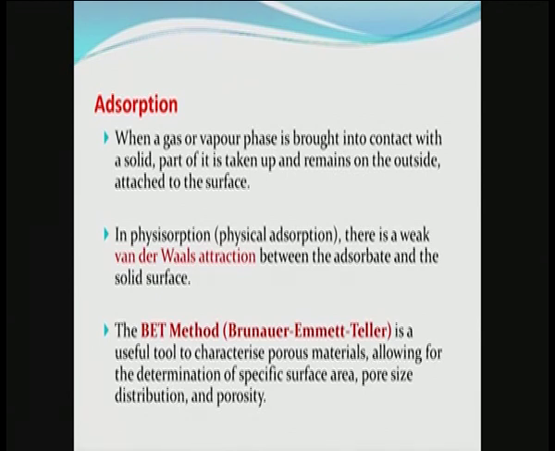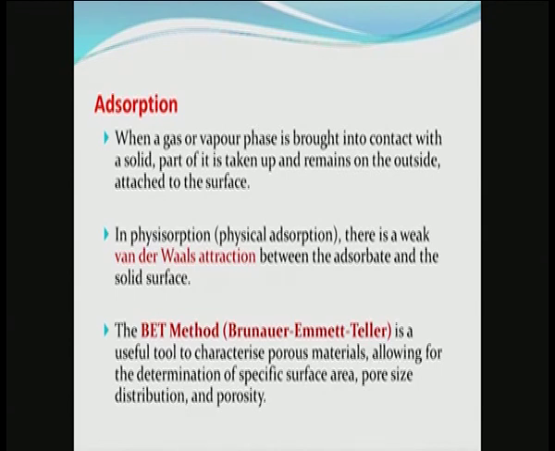Now, I mentioned gas adsorption as a way to measure specific surface area and porosity. When a gas or a vapor phase is brought into contact with a solid, part of this vapor is taken up and remains on the outside attached to the surface of the solid. We call that adsorption. Physisorption means physical adsorption, that is, these vapors are simply physically sitting without chemically interacting with the surface on which they are sitting.